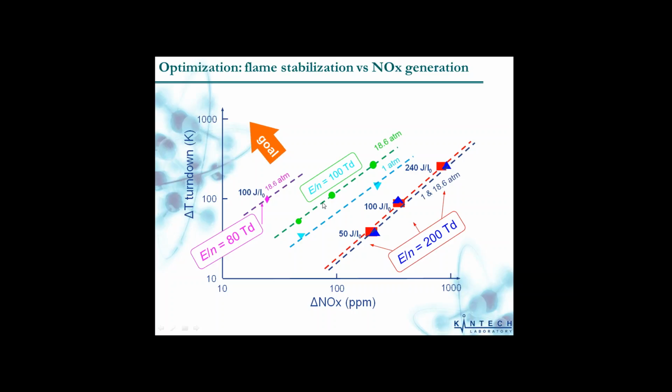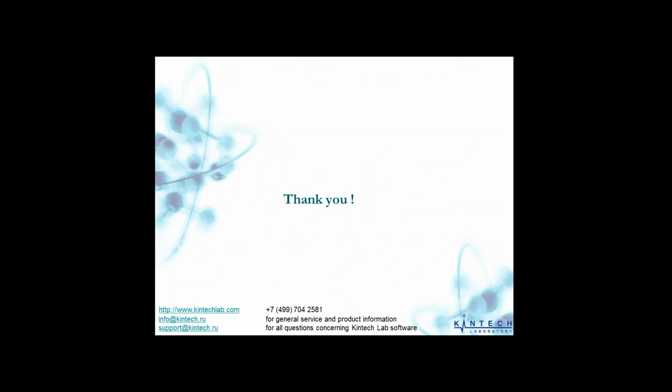But nevertheless, there is probably a good point if we move to lower values of electric field strength, like 80,000. Here we see, for example, for an energy input of 100 joules per liter at the characteristic pressure of the turbine, a fairly strong effect upon the stability of the flame together with a low concentration of additional NOx.